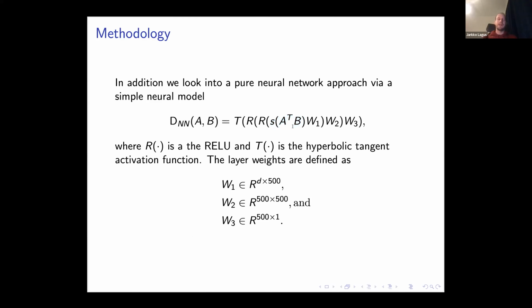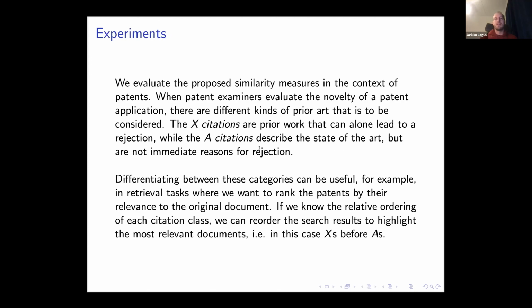The input will be a vector that is the size of the embedding dimensionality, which is here D. And then we just run it through a few activation functions, and in the end we use the hyperbolic tangent just to make sure that we get a comparable similarity measure as from the previous, so it's between -1 and 1.